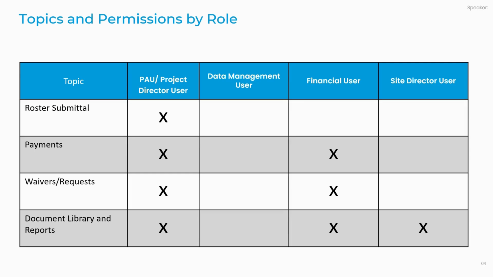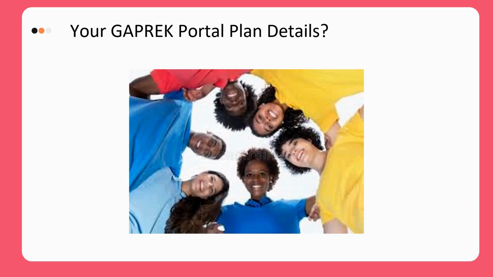Who has access to submit a roster? Let's look. It is only the primary authorized user and the project director. So with that said, what is your process going to be at your site within your facility?